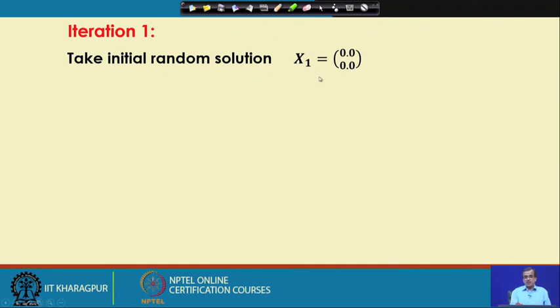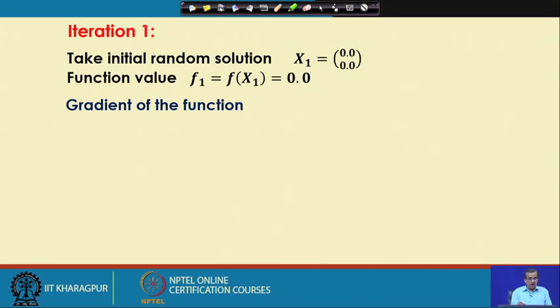Capital X1 is a collection of the small x1 and small x2 values. We calculate the function value, that is f1, which is f of capital X1, and if you substitute the values of x1 and x2 in the objective function, you will be getting 0.